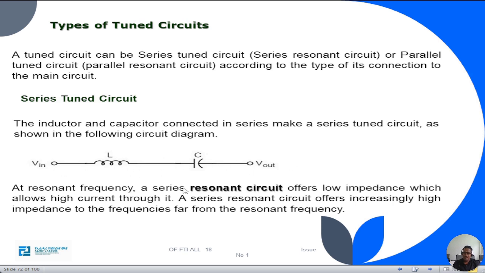This series resonance circuit offers low impedance, which allows high current through it. A series resonance circuit offers increasingly high impedance to frequencies away from the resonant frequency.